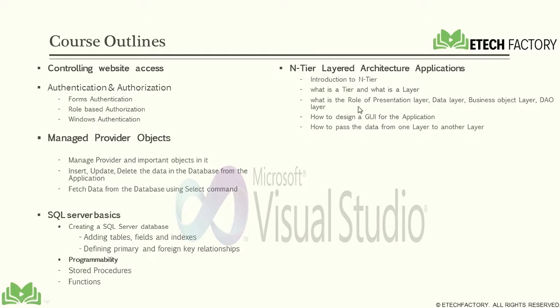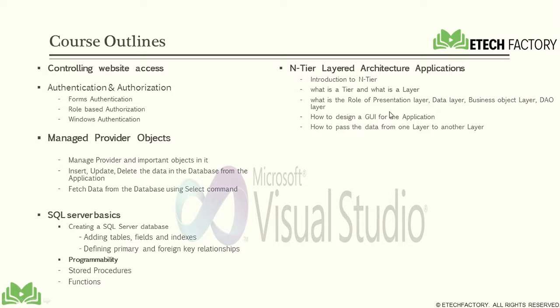The next main chapter is n-tier layered architecture applications. So we are learning how to write the different layers while writing any applications. Here we are covering the introduction to n-tier, and then what is a tier and what is a layer.